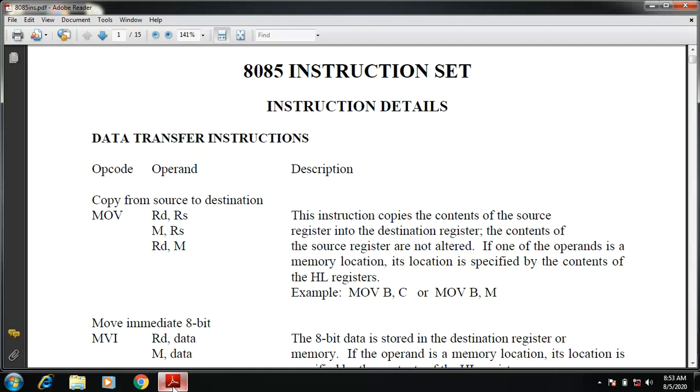Here flags are not affected by any instruction of this group. The flags are not affected for data transfer instructions, but in arithmetic instructions the flags are affected.